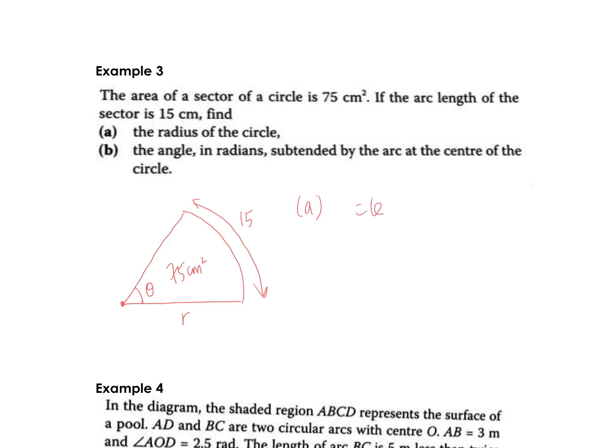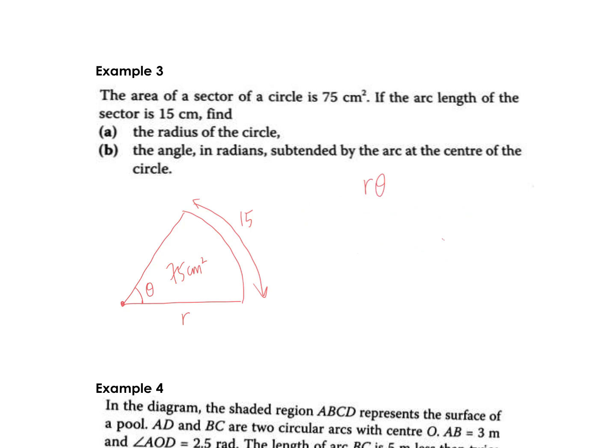Obviously I will make use of arc length first. Arc length is 15, which is r times theta. But r is unknown, and theta is also unknown. If both are unknown to me, I cannot use either formula to help me.